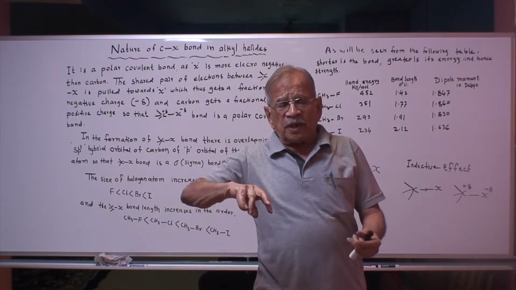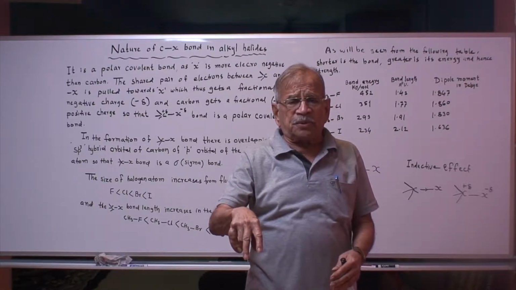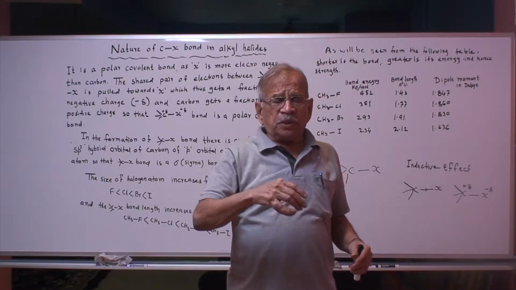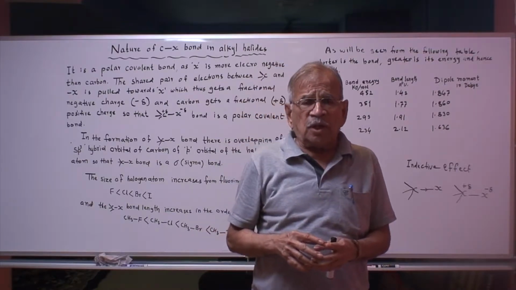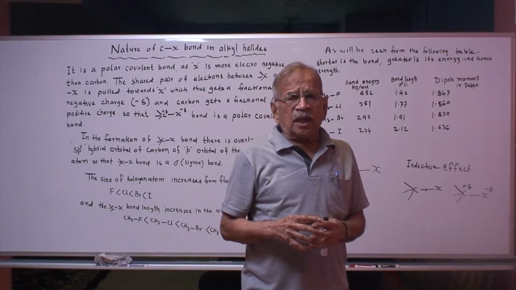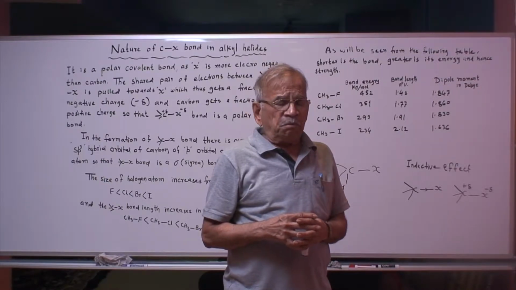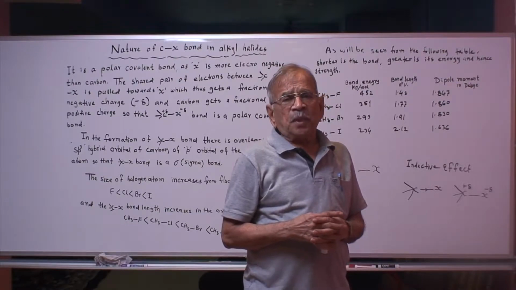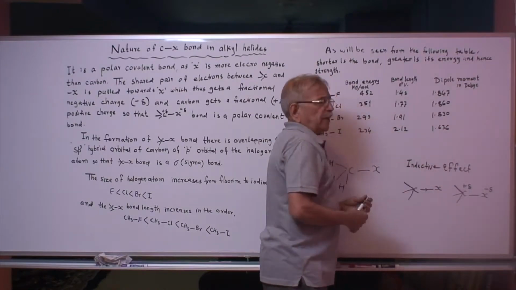Because of the difference in electronegativity, the shared pair of electrons is pulled towards the more electronegative atom, which gets a small fractional negative charge. The other atom gets a fractional positive charge, making it a polar covalent bond, and this effect is referred to as the inductive effect.